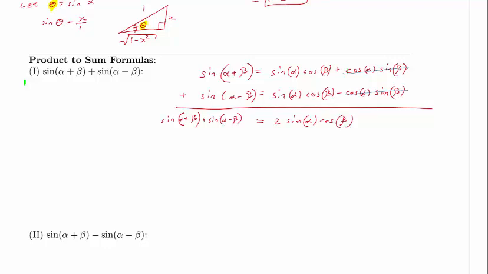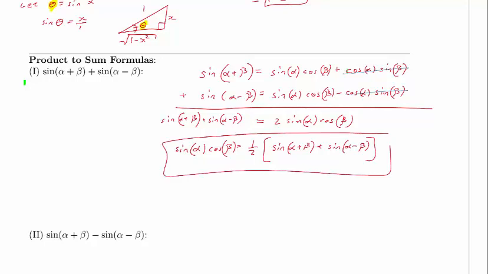And so we want to solve this for the product of the two trig functions, because that's the formula we're trying to get. So we have sine alpha cosine beta equals 1/2 sine alpha plus beta plus sine alpha minus beta. And there we go. That's our first of 4 formulas.